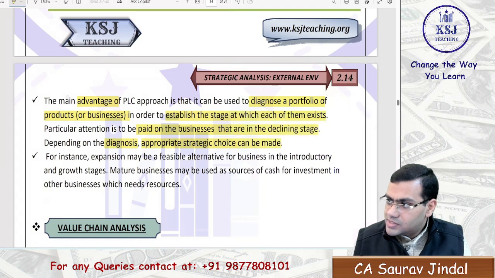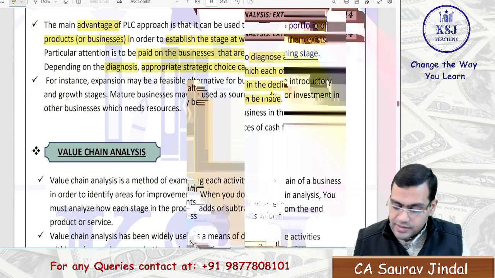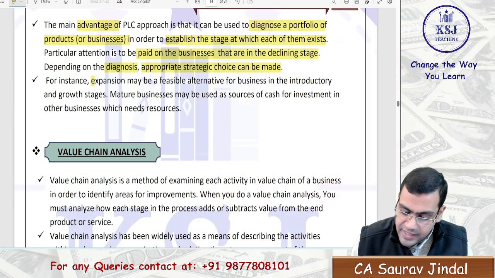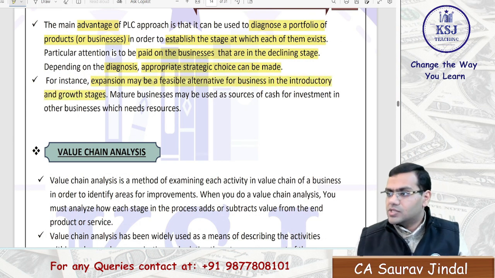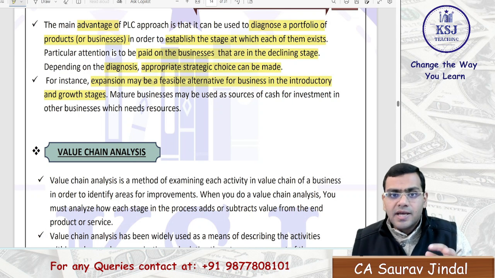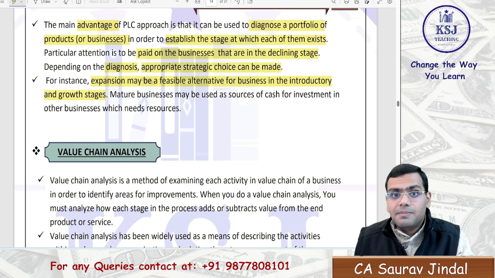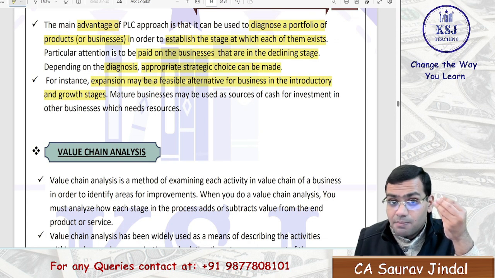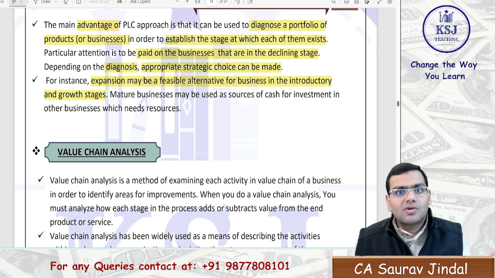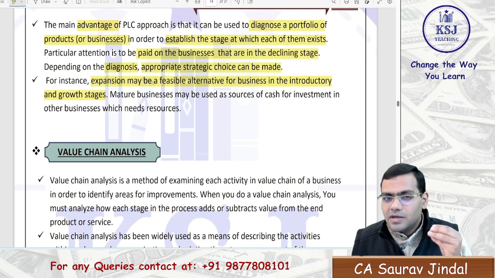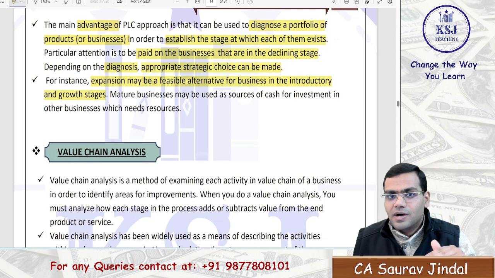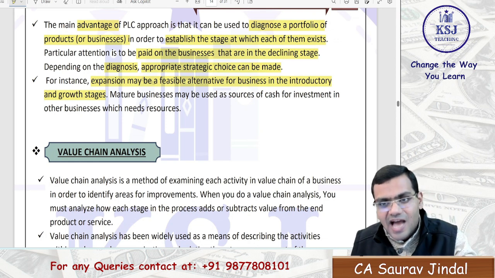For instance, the expansion may be a feasible alternative for the business in the introductory and the growth stage. So if you are in the initial stages, then expansion of the business is a good idea, because you have the market, your product is in demand, then why not go for the expansion? But when you are at the maturity stage, then what are you looking for? Then you are looking for whatever cash we are able to generate.